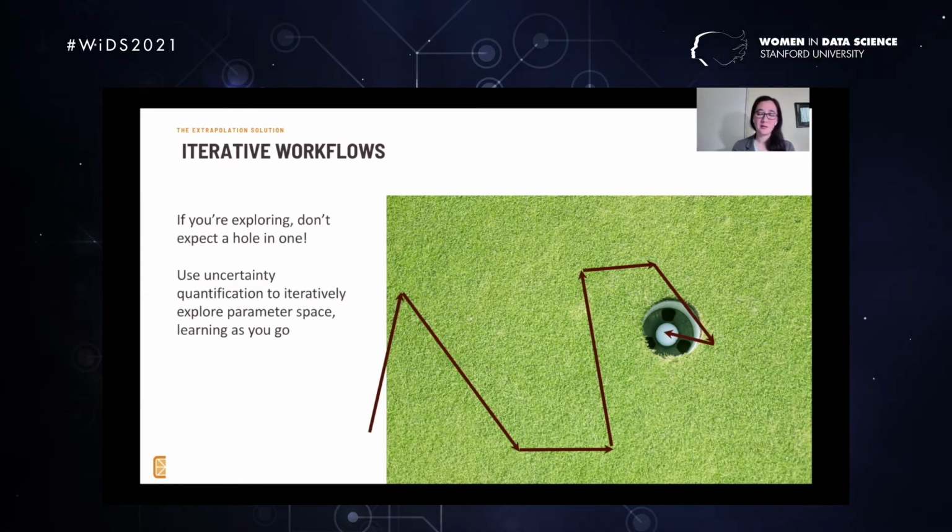Instead, you should use uncertainty quantification to iteratively explore your parameter space. So you should be able to say, I want to be able to learn in this new region. I'm going to pick a point with high uncertainty. The model will get much smarter once I have that new test point, and it will be able to let me get to my goal as quickly as possible.